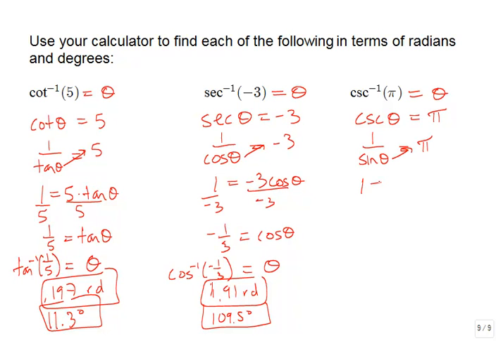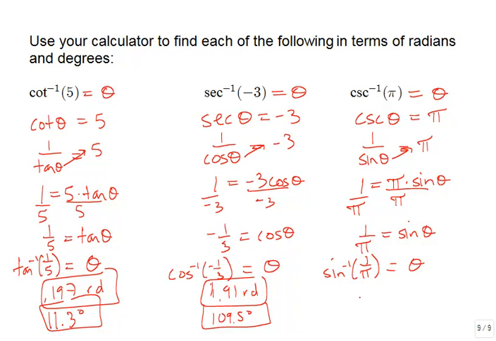Multiply that sine of theta across, divide through by the pi, so 1 over pi is equal to sine of theta, and to undo the sine, we're going to use that inverse sine button, and you would type that into your calculator, and the two different values that you would get would be 0.324 radians or 18.56 degrees.